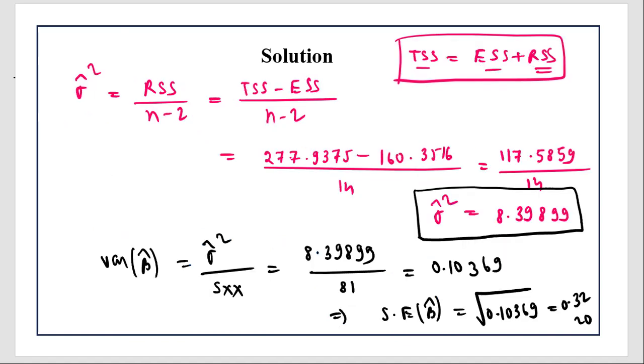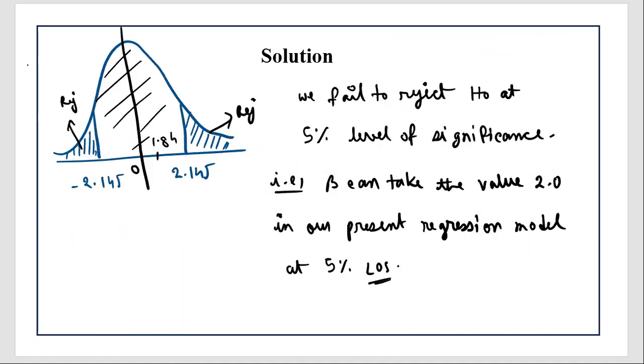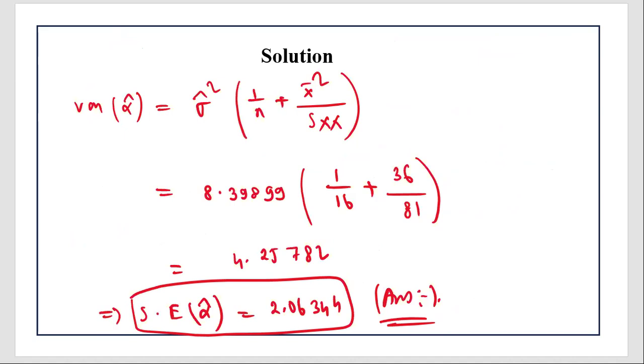We saw that we fail to reject the null hypothesis, and we conclude that our slope parameter can take the value 2 at 5% level of significance. Finally, we found the standard error for alpha. Previously, we found the estimated error variance and the standard error of beta. So this is how you solve this question, and all the portions are done.